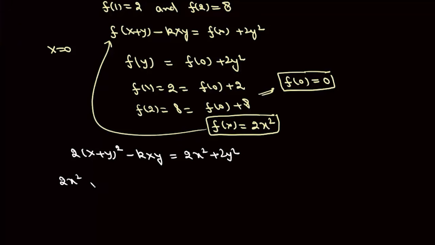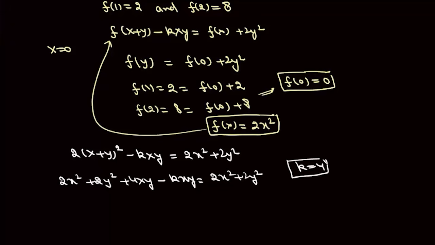So it will be 2x² + 2y² + 4xy - kxy equals 2x² + 2y². That means value of k is 4. So from here, we'll get the value of k as 4. So this is your first part where you need to find the function.